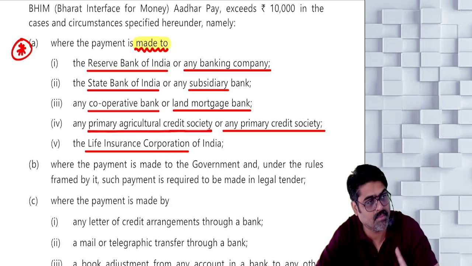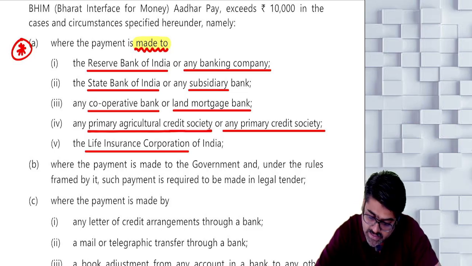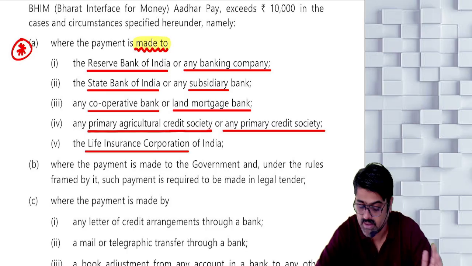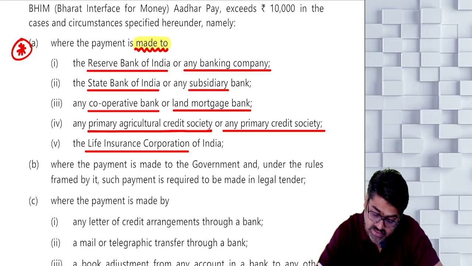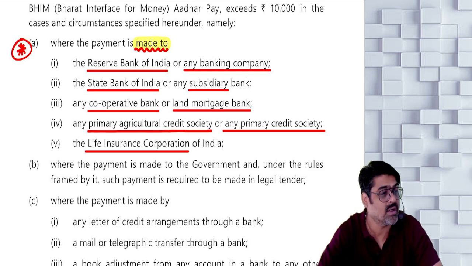Because you have made the payment to RBI or any banking company, SBI or a subsidiary of SBI, then any cooperative bank or land mortgage bank, then any primary agricultural credit society or any primary credit society or LIC of India.